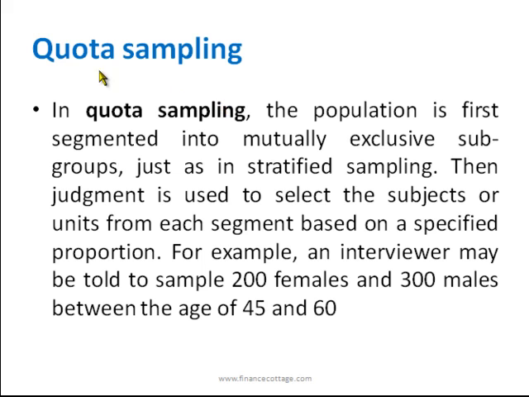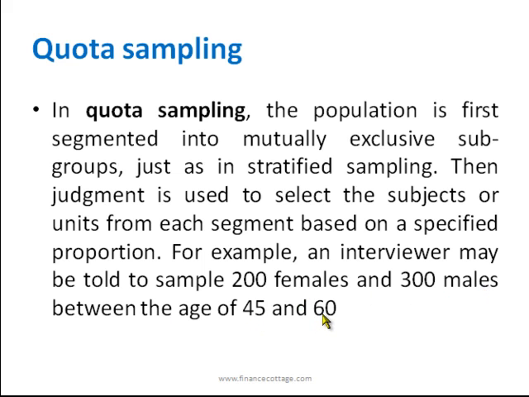Another method of sampling is known as quota sampling. In quota sampling, the population is first segmented into mutually exclusive subgroups, just as in stratified sampling. Then judgment is used to select the subject or unit from each segment based on a specified proportion. For example, an interviewer may be told to sample 200 females and 300 males between the ages of 45 and 60.